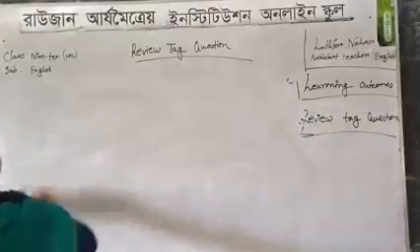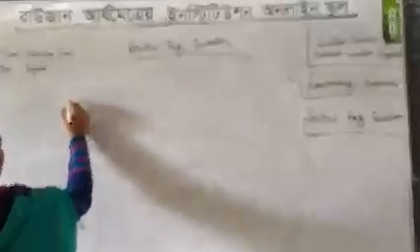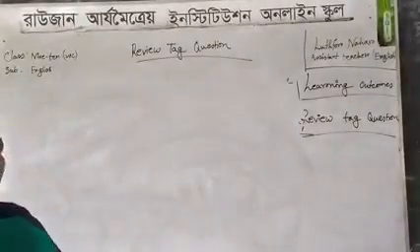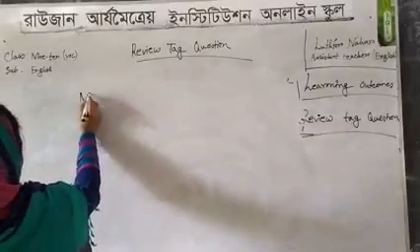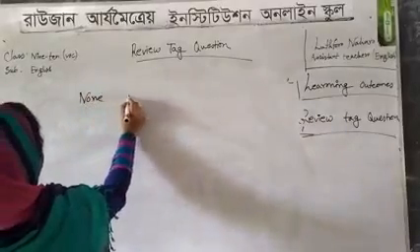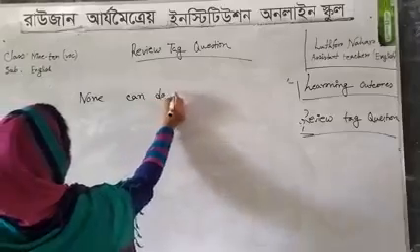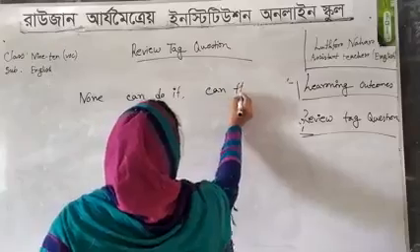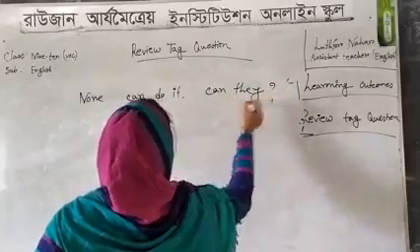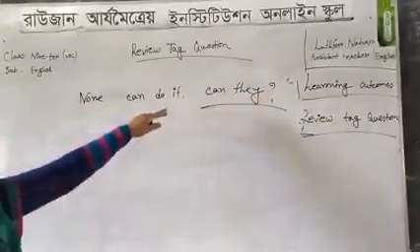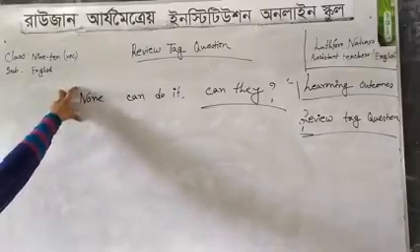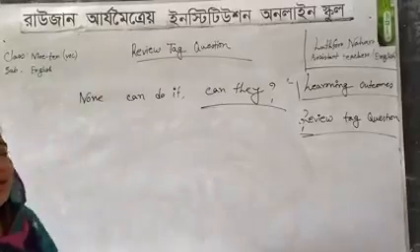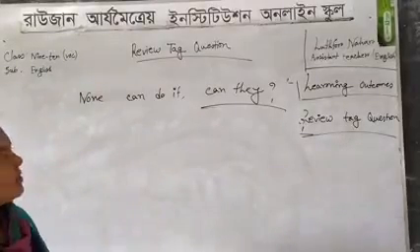And we use indefinite pronouns like nobody, no one, anybody, anyone, none in the rules. None can do it, can they? We have to use they in place of none, nobody, no one, anybody, anyone in the statement.